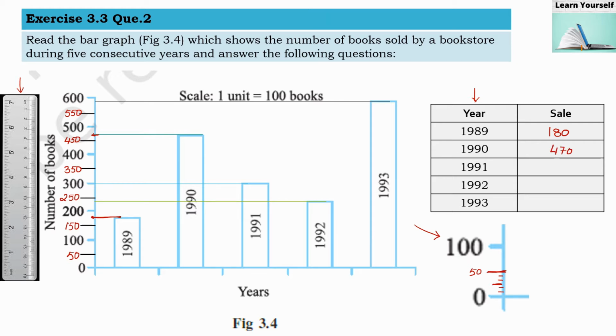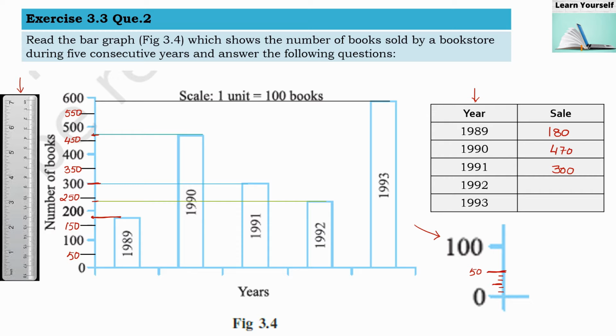Now let us check for 1991. As I have drawn a line here, it goes straight to 300. So we don't need to estimate this. This is the 300 reading. Then comes 1992. It comes over here, just a little bit down from 250. So I am taking 10 less than 250.